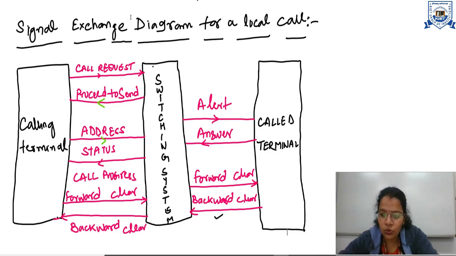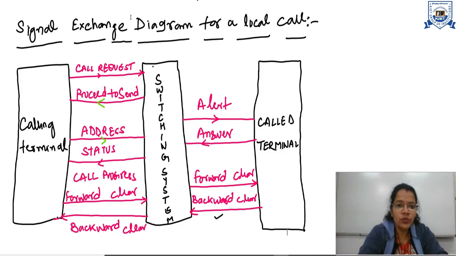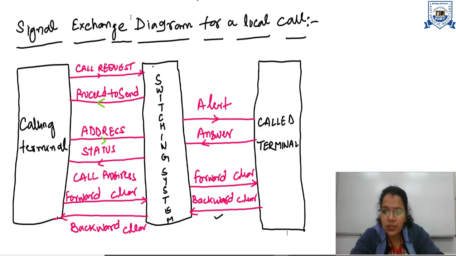Okay, so there are some steps. First, the call request signal is answered by the proceed to send signal. The second one is the address signal, that is answered by the call status signal, and the answer signal is a response to the alerting signal.